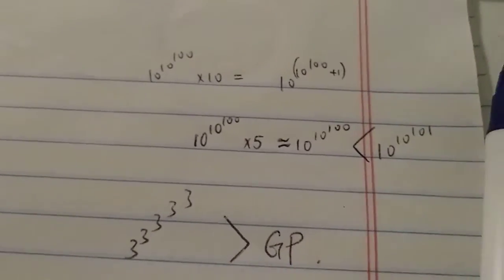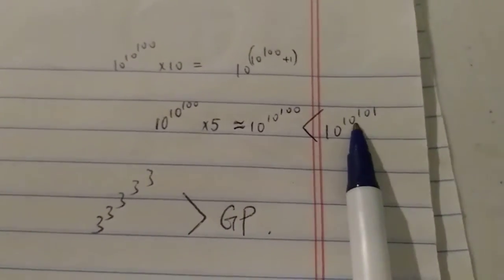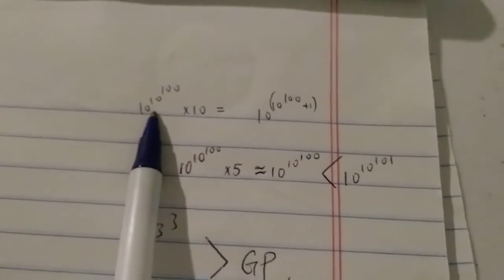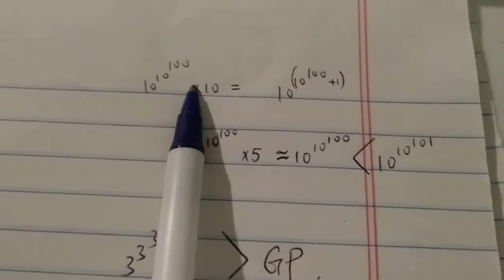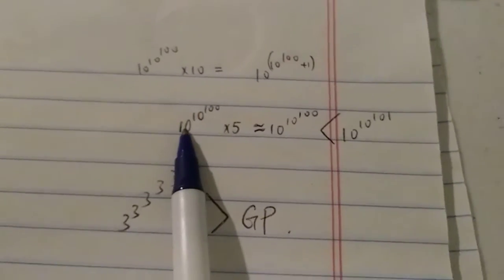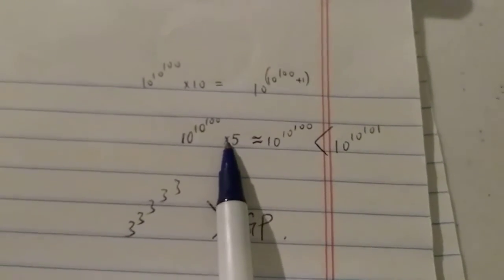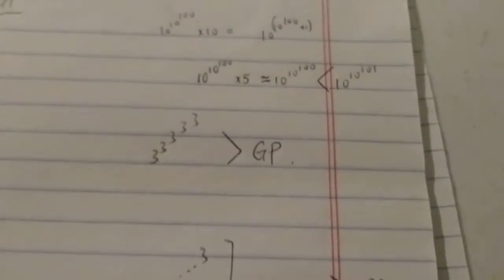So basically the same number. And therefore, 10 to the 10 to the 101 is way bigger than a Googolplex times 10, and on the other hand, way bigger than 10 to the 10 to the 100 times 5, a Googolplex times 5.